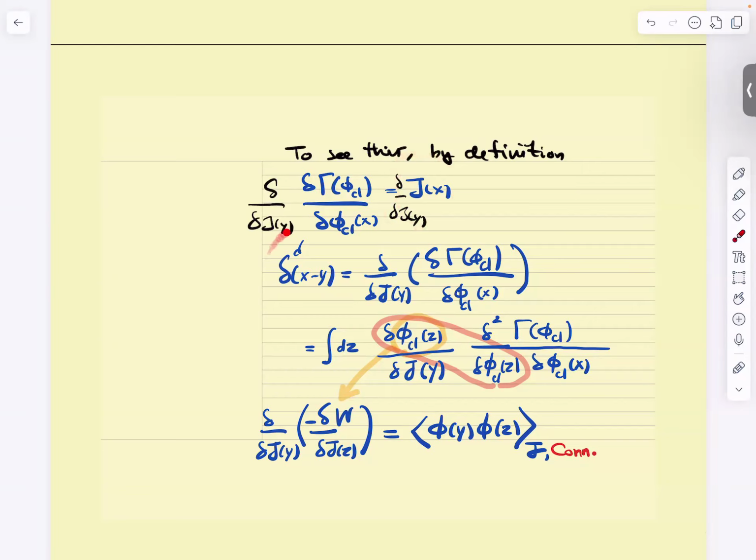So this will give me a Dirac delta function. And this I've written over here. Then I call this Z, I think, right? That's what I do.